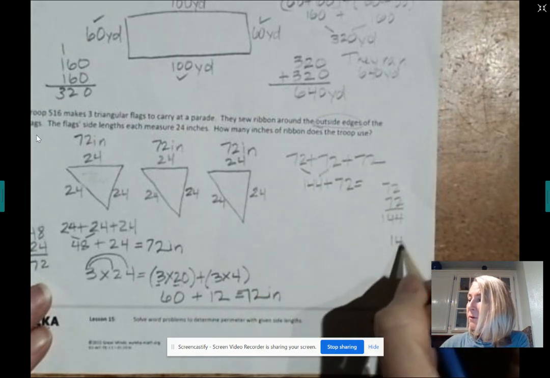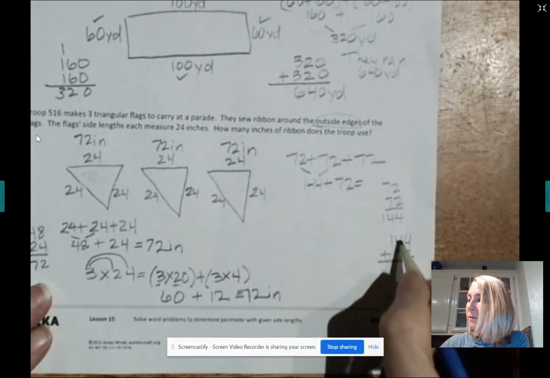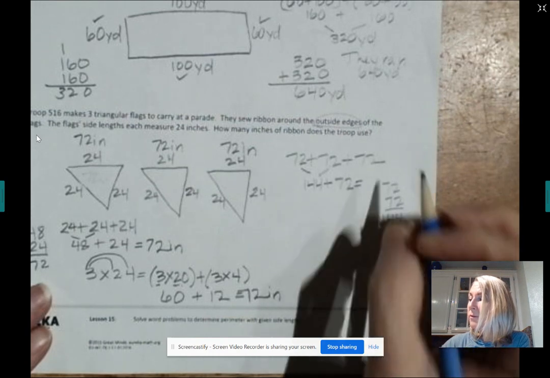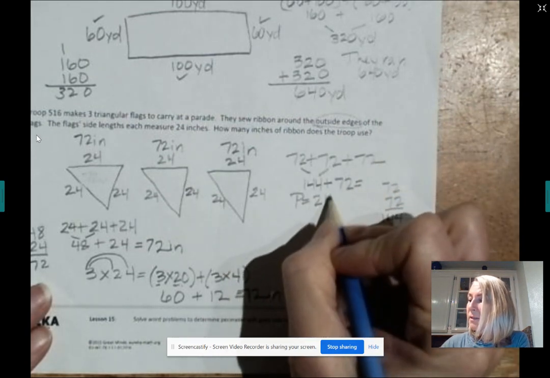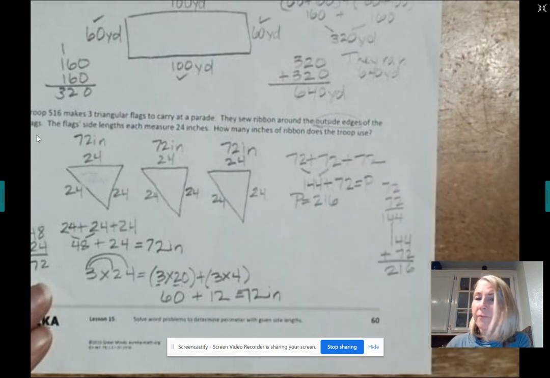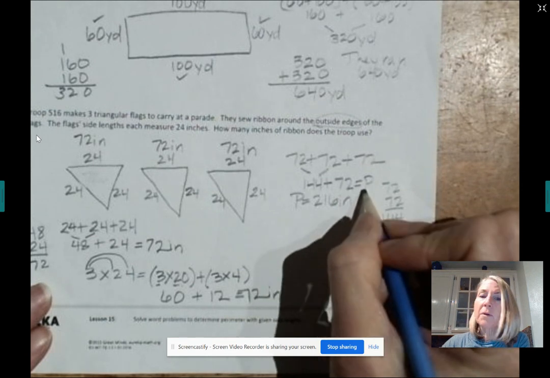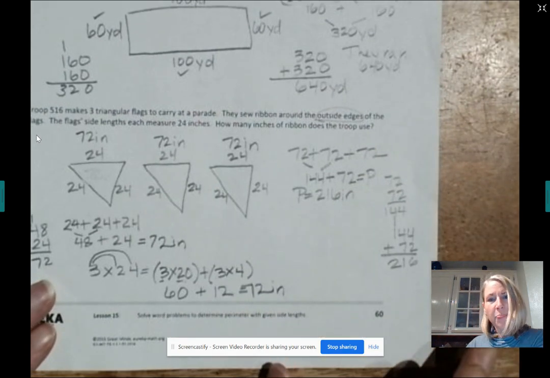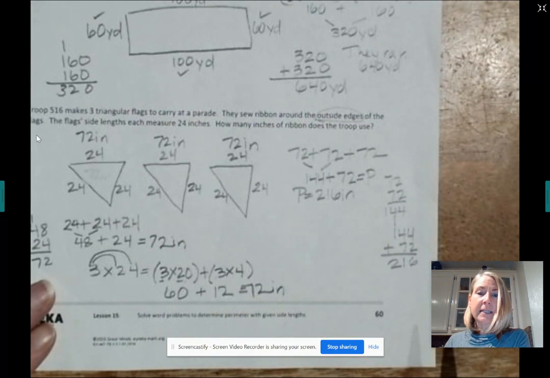Let's do 144 plus a 72 equals 216. Okay, so I'm going to say perimeter equals 216. I'm going to put my variable up there. 216 inches. It's not required, but I didn't have enough room to squish it in there anyway, so we might as well fancy it up and throw the variable in there. Okay, so I've got 216 inches.